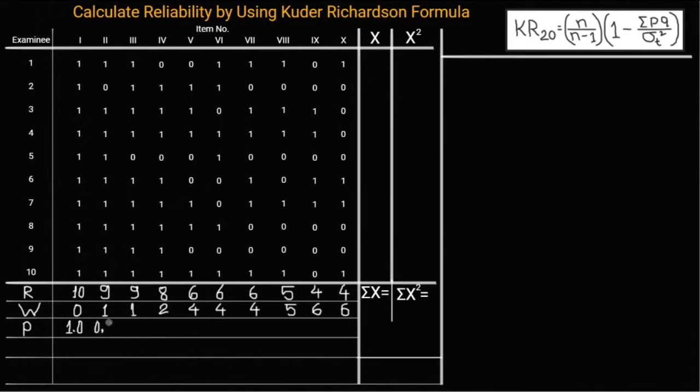First 1.0, next 0.9, next 0.9, then 0.8, then 0.6, then 0.6, next 0.6, next 0.5, next 0.4, and last 0.4.